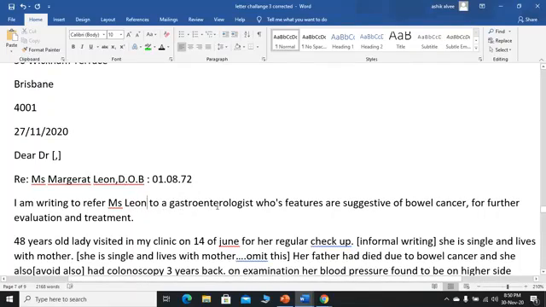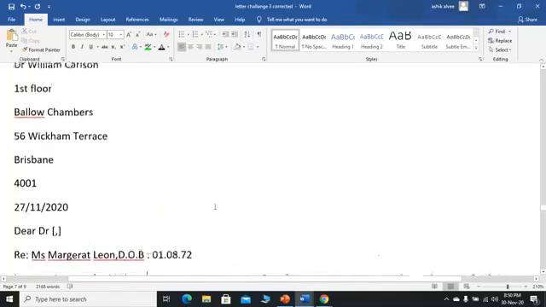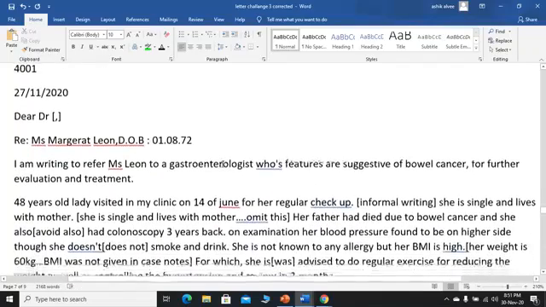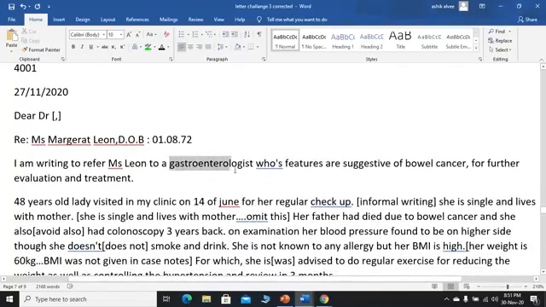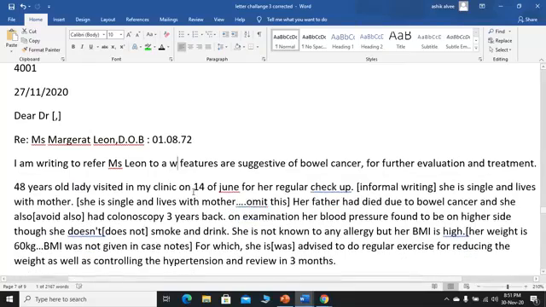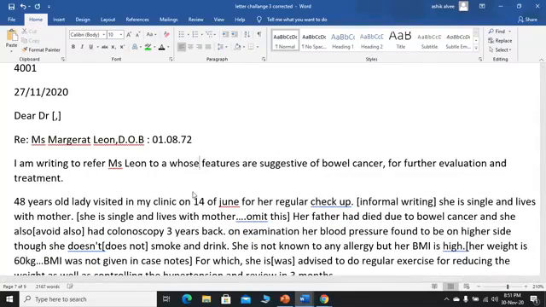No, you are writing to the doctor. You have written the name of the doctor here, Dr. William Carlson. So there's no need to mention again a gastroenterologist because you are already writing to him. So it should be I'm writing to refer Ms Leon, whose features, not who's, is another mistake, short form, and that is also used wrongly. Whose features are suggestive of bowel cancer for further evaluation and treatment.